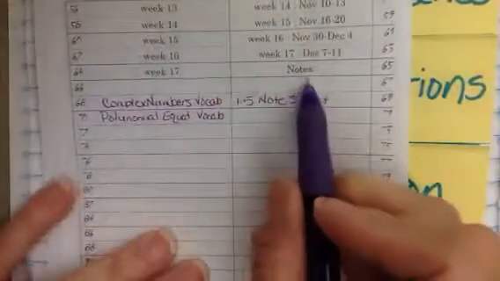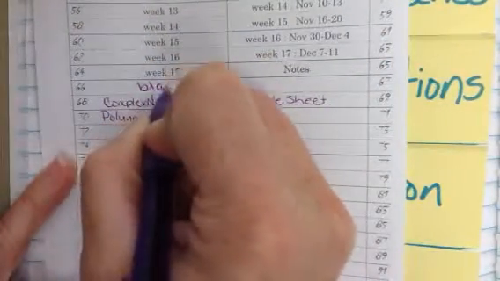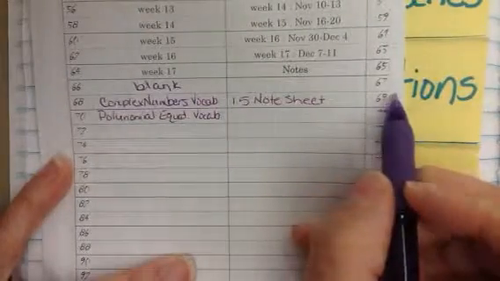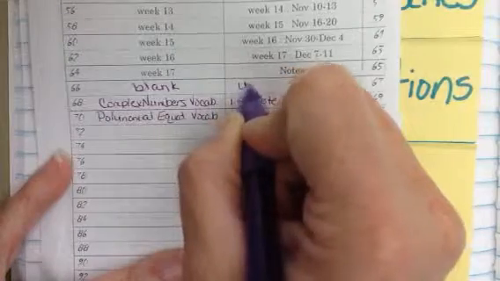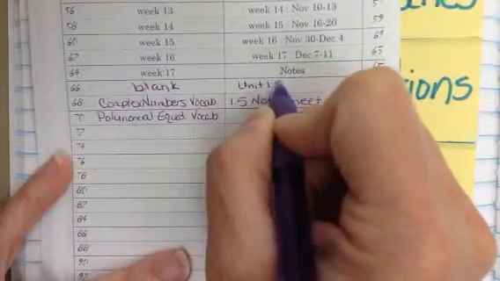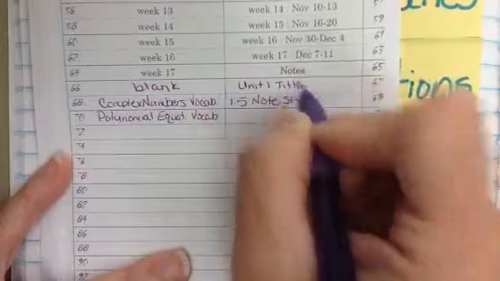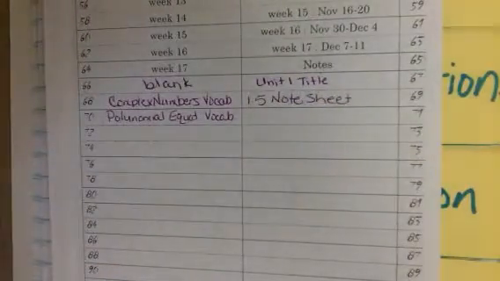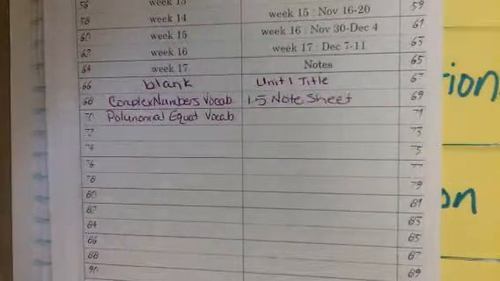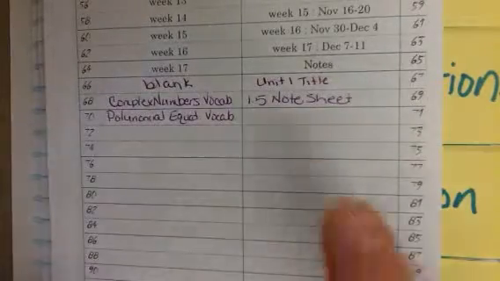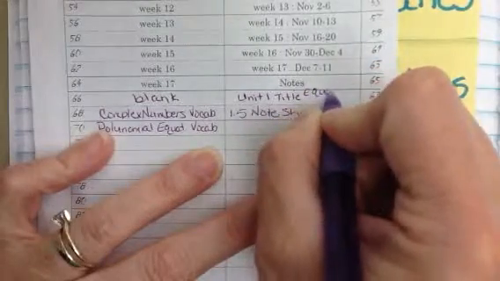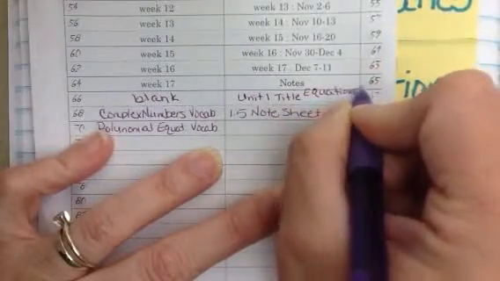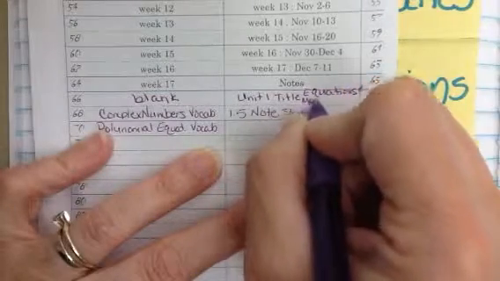Okay, page 65 started your notes. Page 66 was blank. Page 67 is just your Unit 1 title page. And we made that page one day and we titled it Equations and Mathematical Modeling on there.